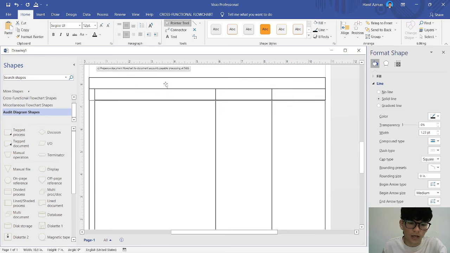Flowchart symbol have four categories. They are input or output symbol, processing symbol, storage symbol, and the last one is flow and miscellaneous symbol. I will draw all the thing and write, and after finish I will explain all the thing.